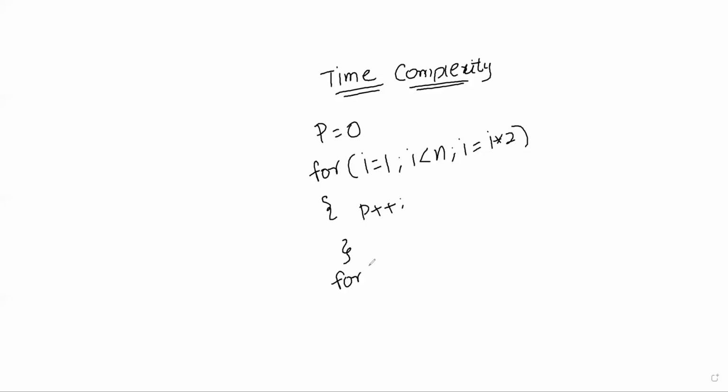For j is equal to 1, j is less than p, j is equal to j times 2, and some statements which are irrelevant to a time complexity calculation. Okay, so now tell me, what is the time complexity of this?